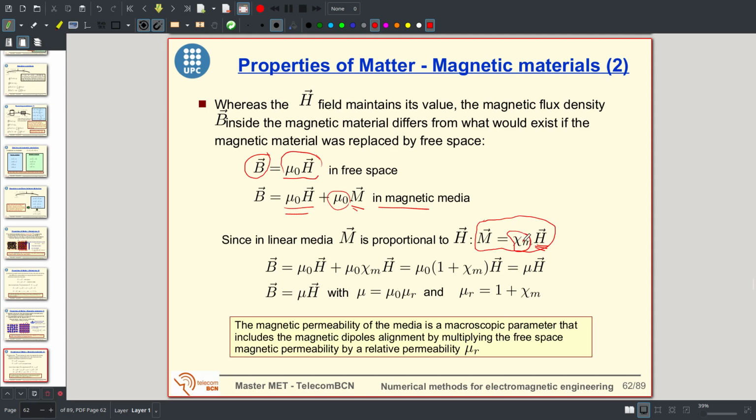The magnetic susceptibility is the ratio between the magnetic polarization M and the magnetic auxiliary field H.